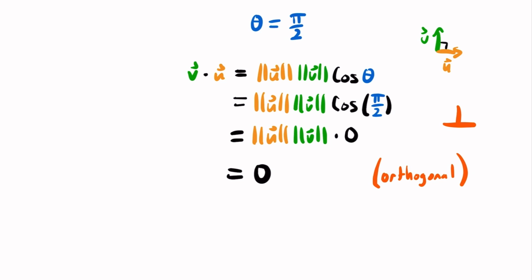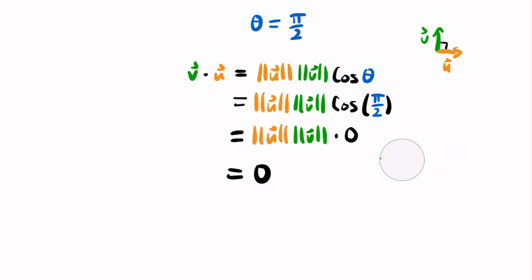Okay, and so that makes for a nice check. If you're ever asked if two vectors are perpendicular, you can just quickly take the dot product of those vectors. You don't even have to use this definition. You can use the traditional definition. And if that dot product is equal to 0, then you know that the vectors are perpendicular or orthogonal. But if it's not equal to 0, then you know that the vectors are not perpendicular.